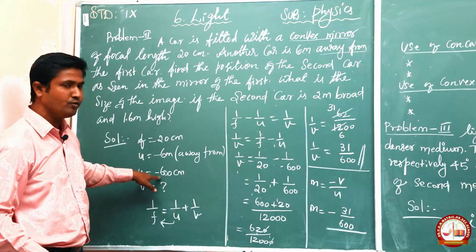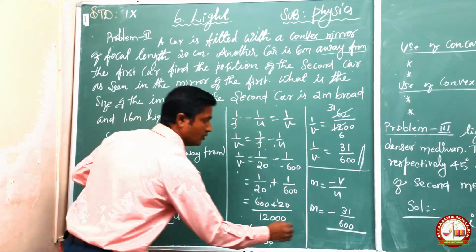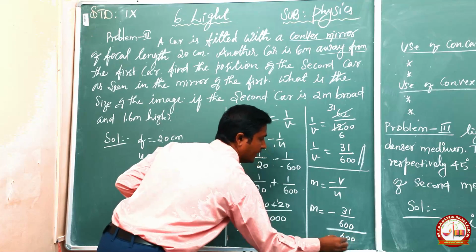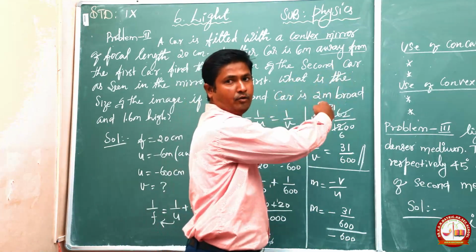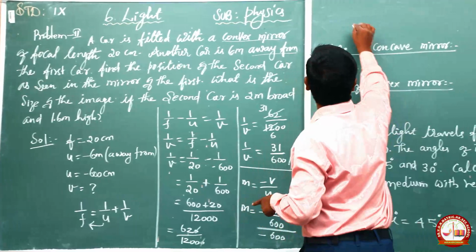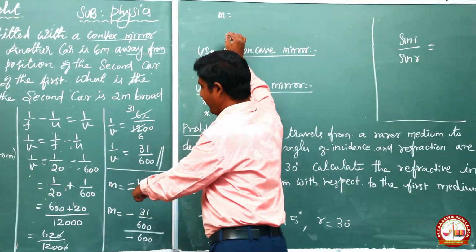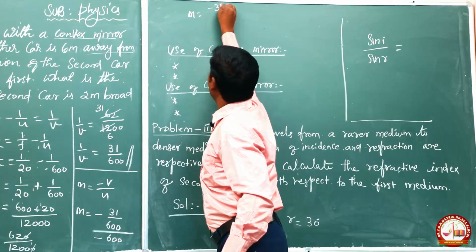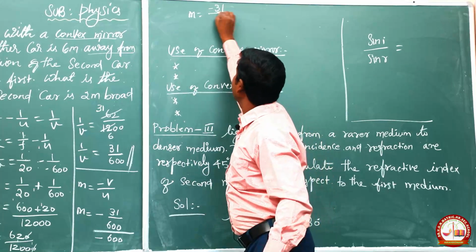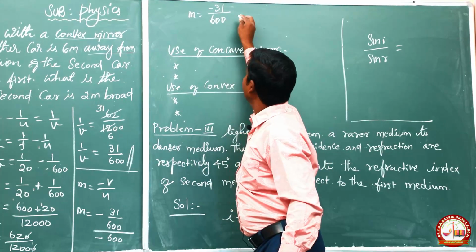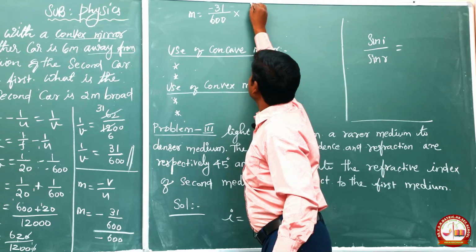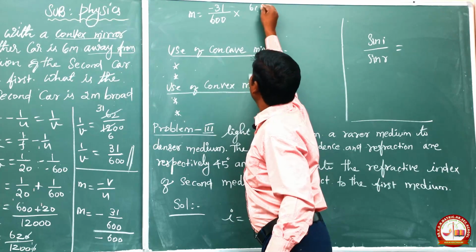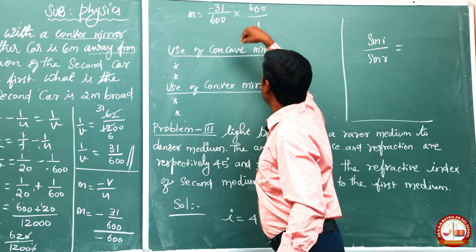The u value is minus 600, so m equals minus 31 divided by 600 into 600 divided by 1.